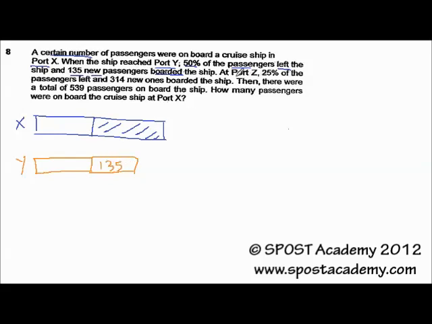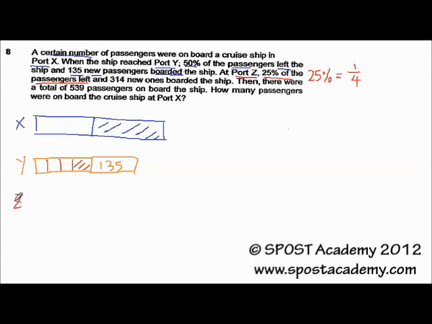Then at port Z, 25% of the passengers left. 25% is actually equivalent to 1/4. That is to say, I have to cut this into 4 parts. And 1/4 of them left, as well as 1/4 of 135.